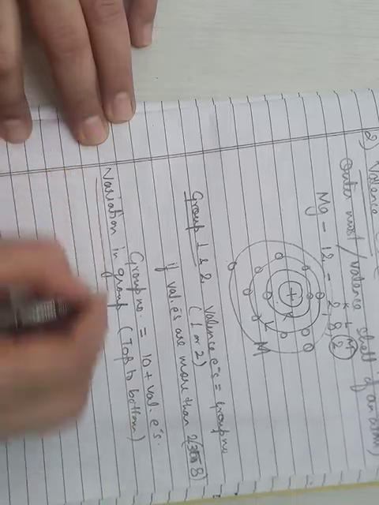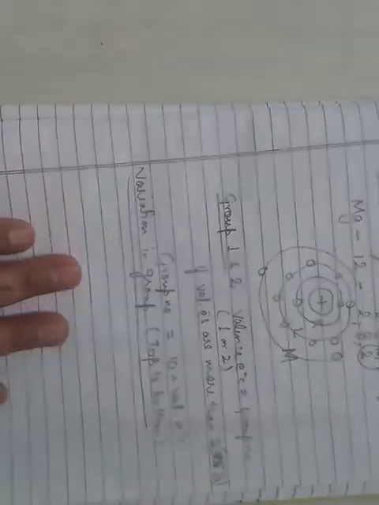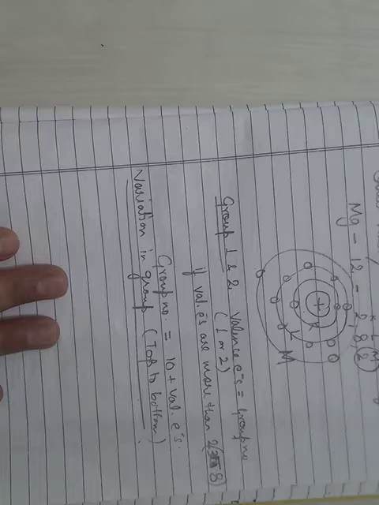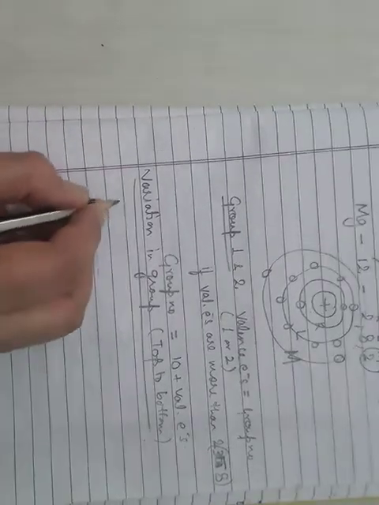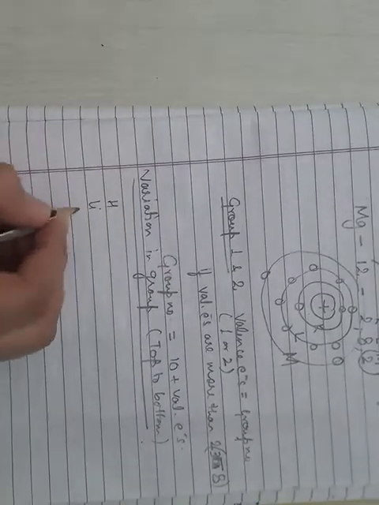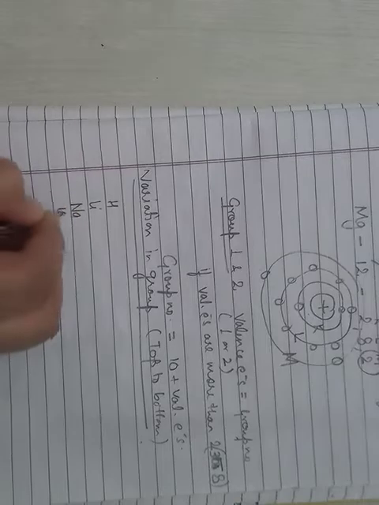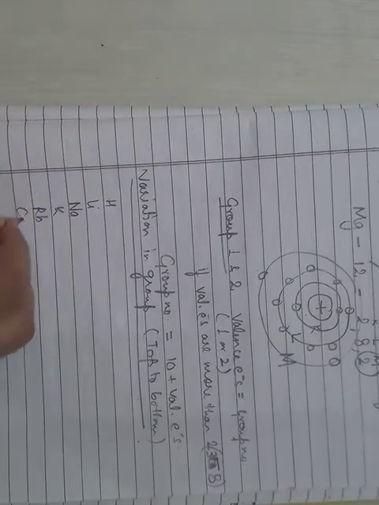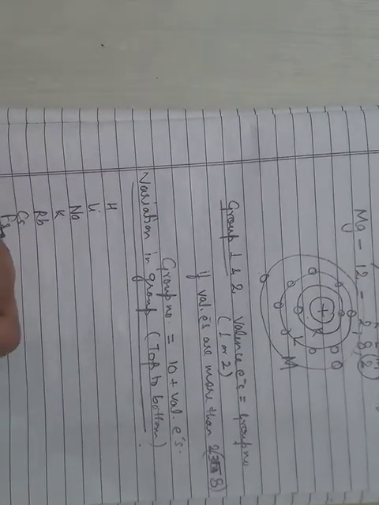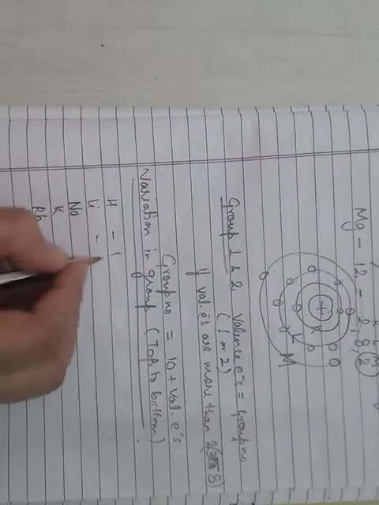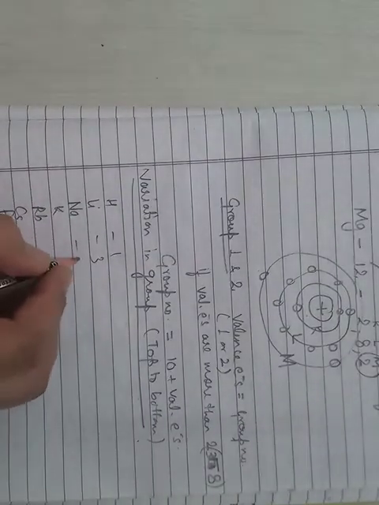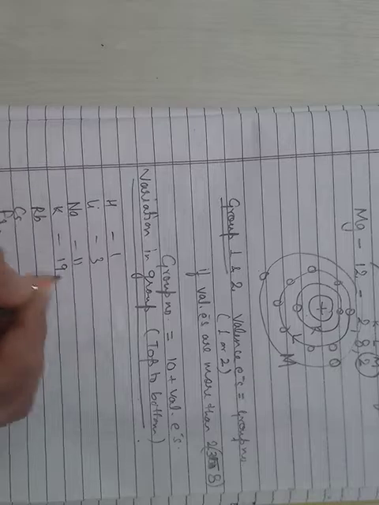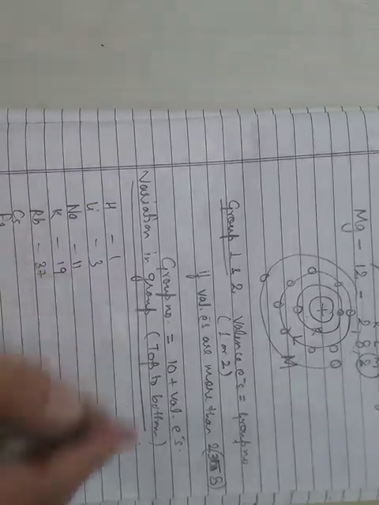So let's take one example of group number 1 itself. Hydrogen, lithium, sodium, potassium, rubidium, cesium, francium, with atomic numbers 1, 3, 11, 19, 37 and likewise.